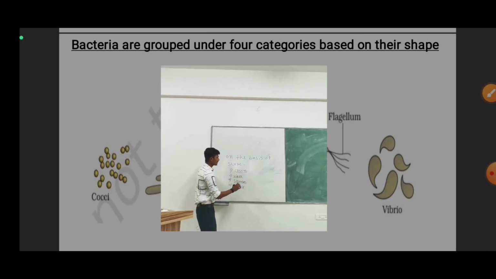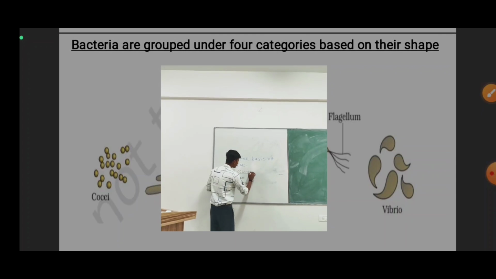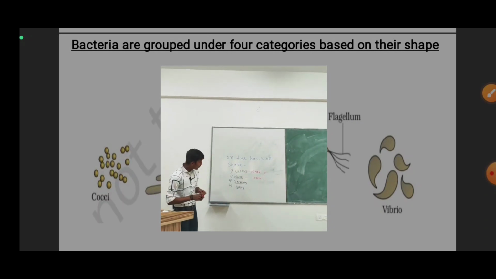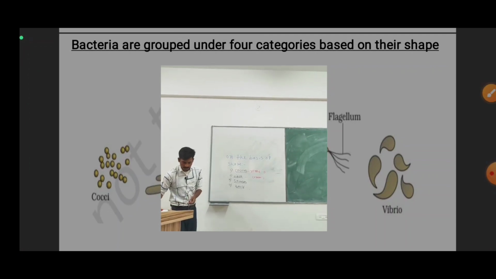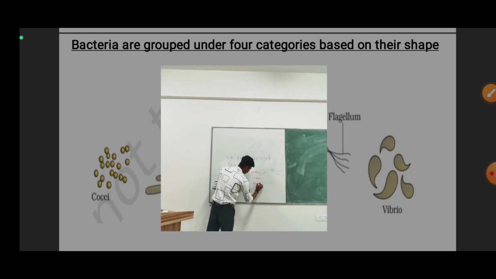Okay, coccus is a round shape bacteria. It's a round shape. Okay, then vibrio looks like a comma shape. Commas, like this, round comma shape. Then there are spirillum and bacilli. Spirillum is basically the flagellar type, like the flagellar type.